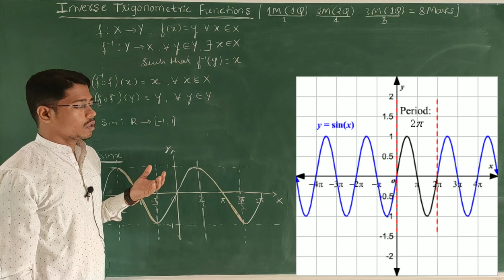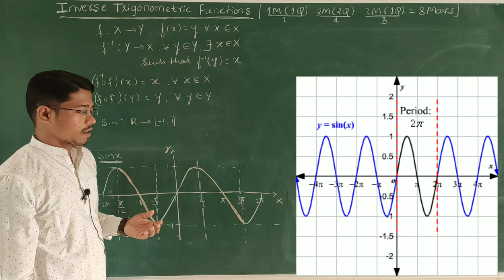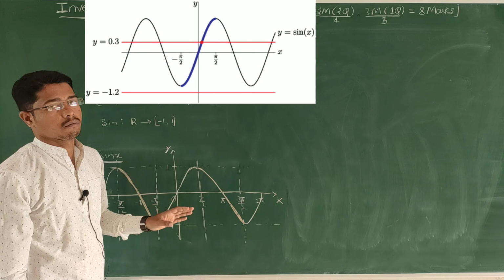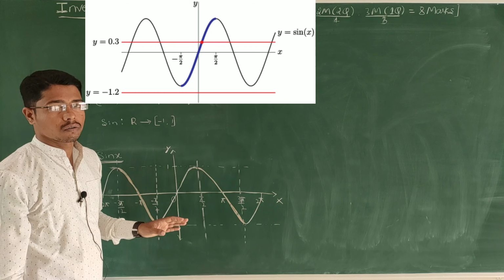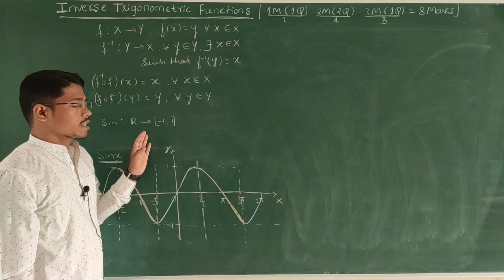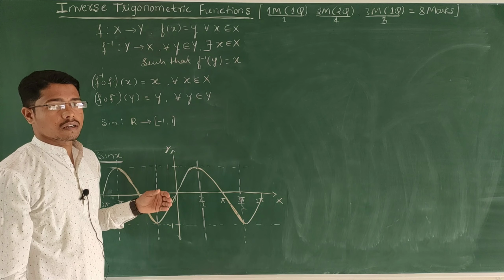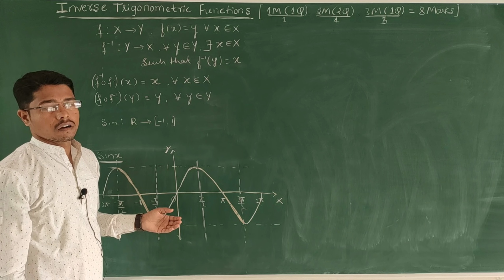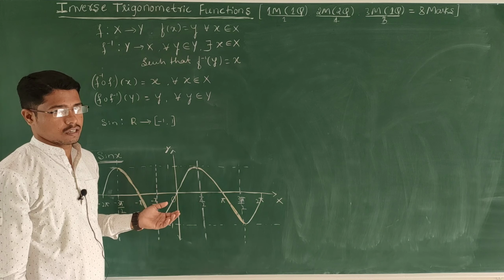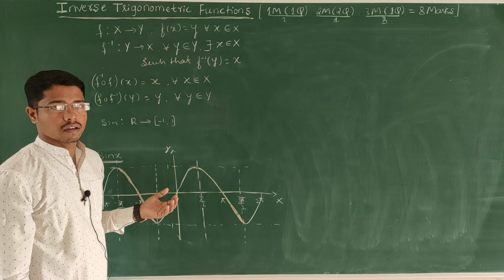We know all trigonometric functions are periodic functions, and periodic functions are not invertible because they are not one-one and onto. Therefore, for the inverse of trigonometric functions to exist, we will restrict their domain and range to make them bijective.